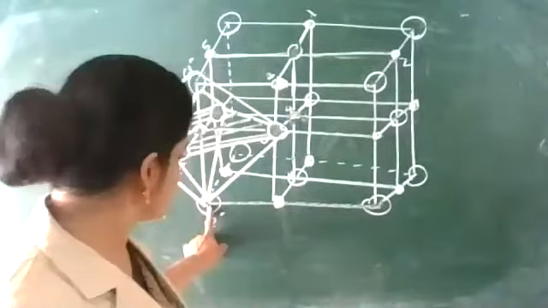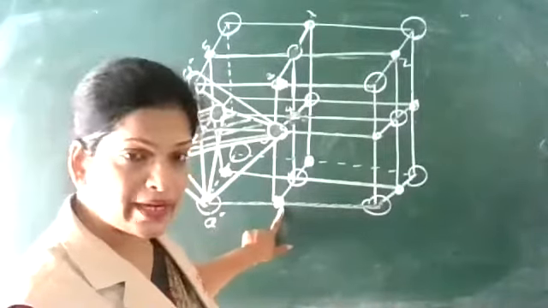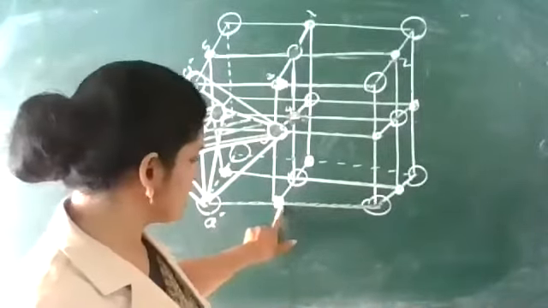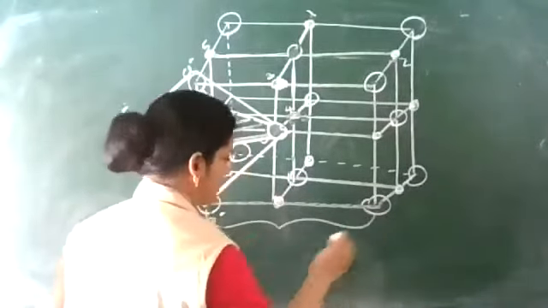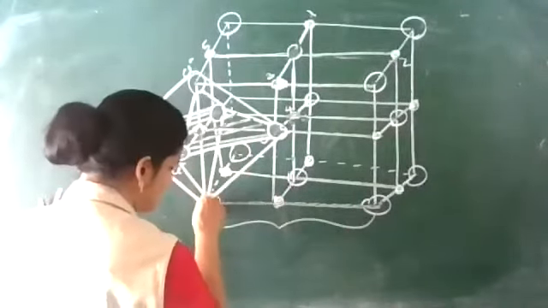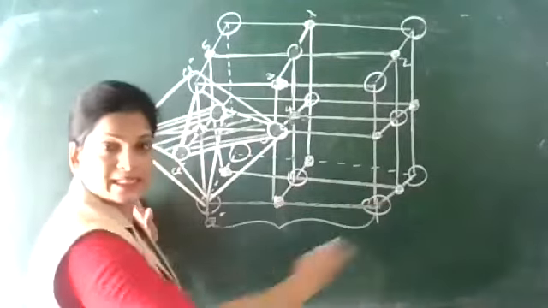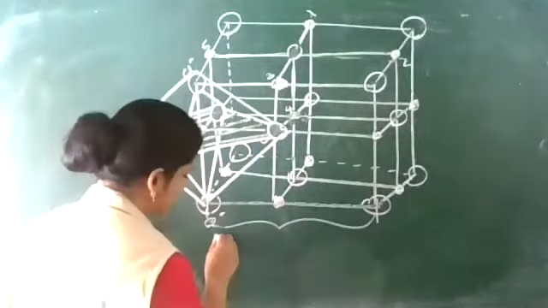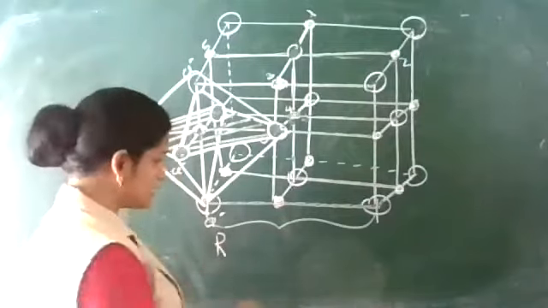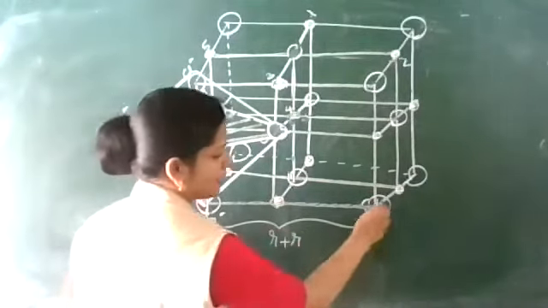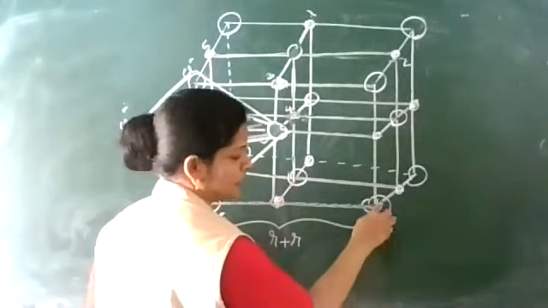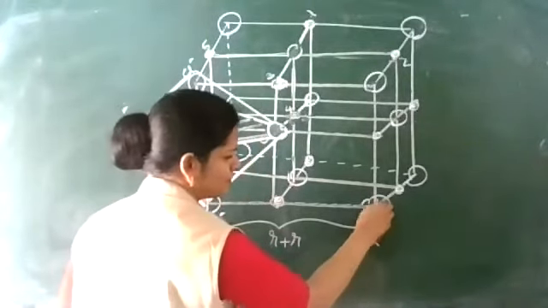Now look at this. This is in contact with this. Line means contact. This is in contact with this. So the edge line is the distance from its center to its center. That is capital R of Cl minus, plus small r, plus small r, and capital R of this Cl minus.